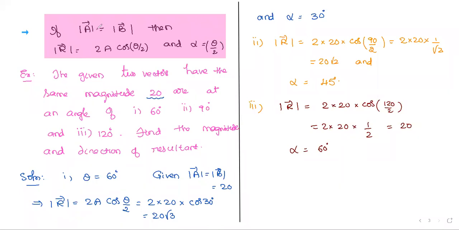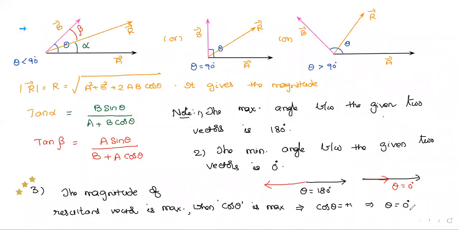So this is the model related to this kind of question. They will ask such types of questions. And here is another example. In the diagram, if these two magnitudes are equal, alpha is exactly equal to theta by 2.